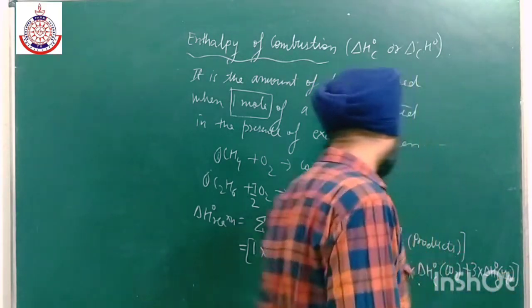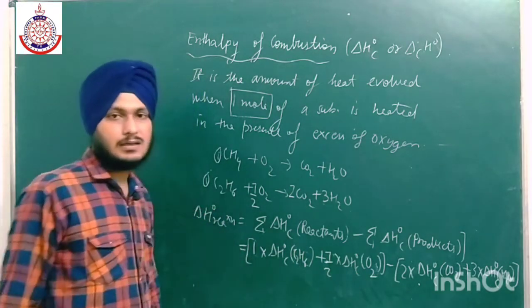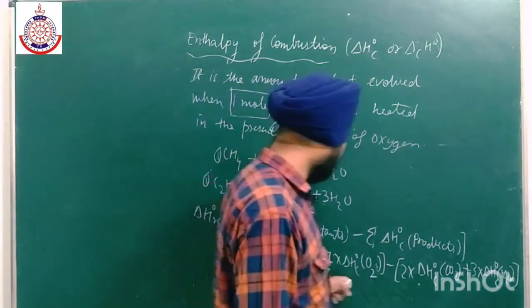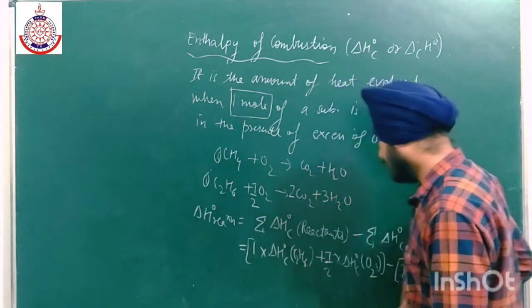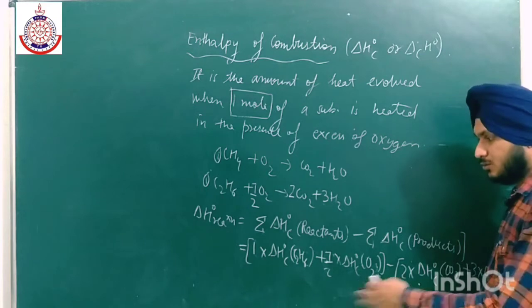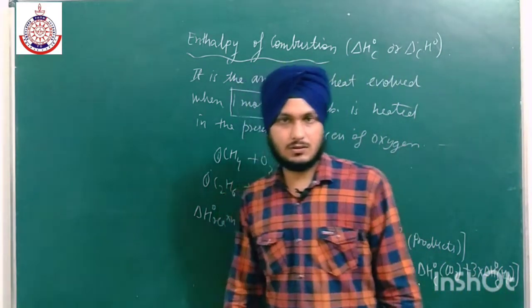Okay, so this is the value of delta H naught of reaction. We have to just fill in all the values and do a simple calculation, and we will get the delta H naught of reaction.